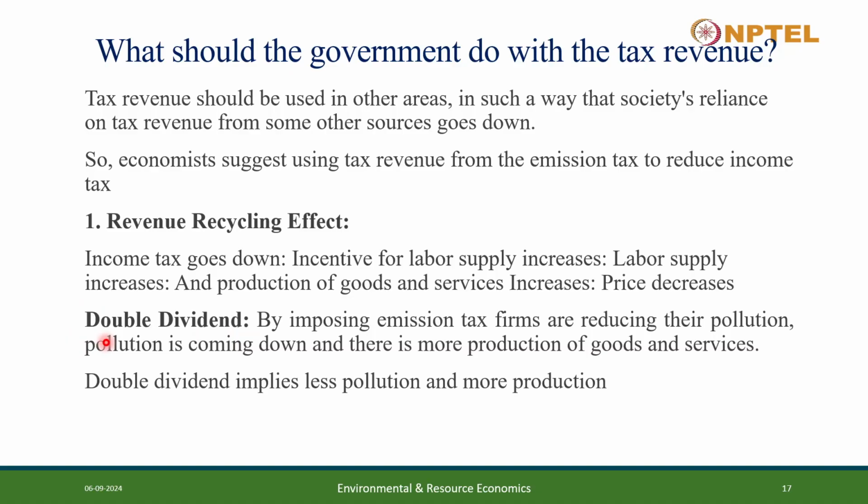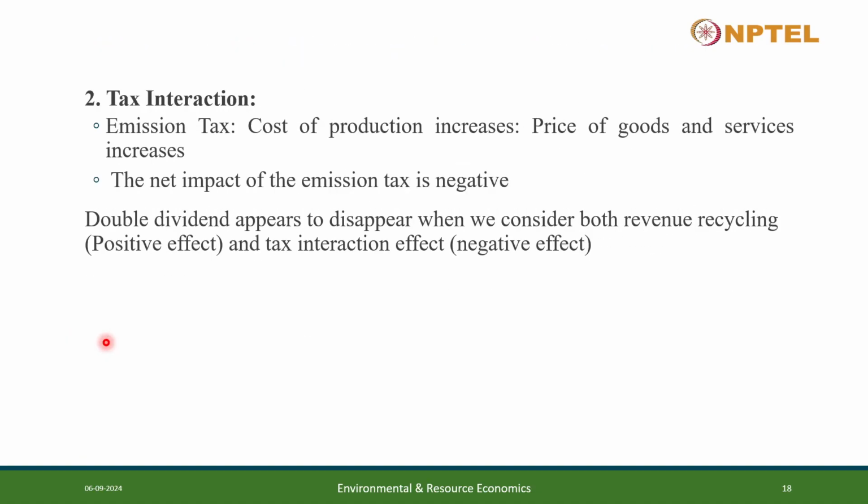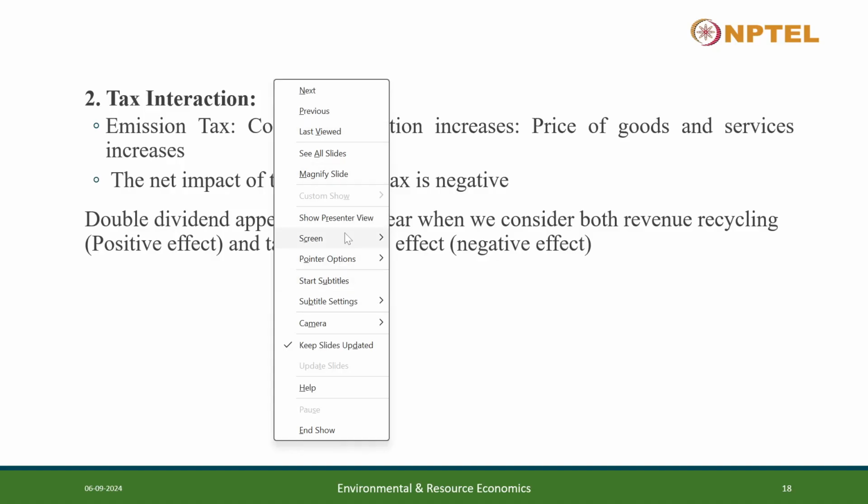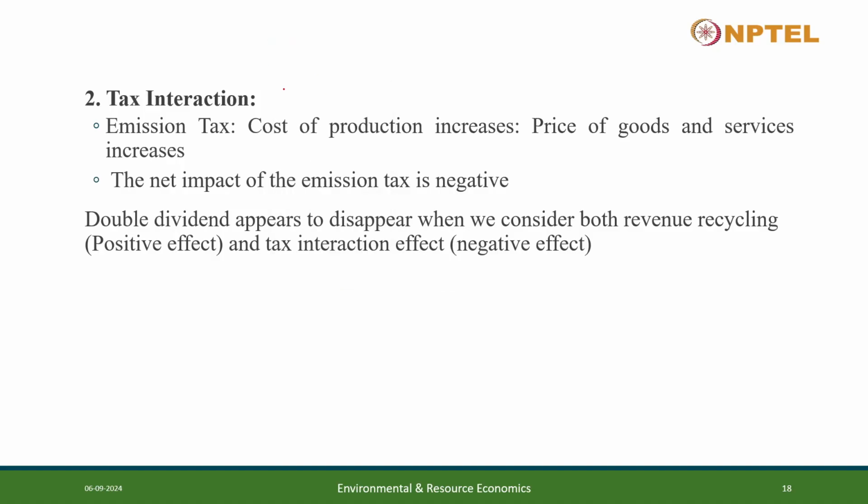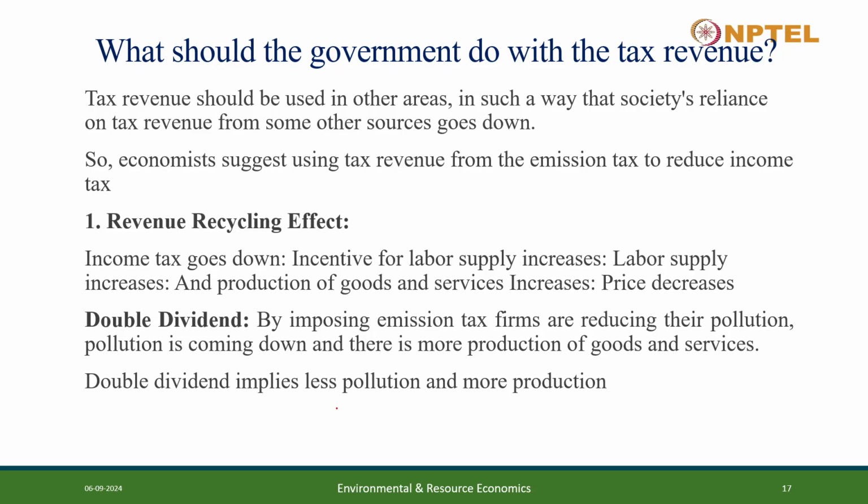However, there is a second effect, which is tax interaction. Let's say the emission tax is imposed on a firm, then the cost of production increases, so the price of goods and services increases. So the net impact of the emission tax is negative. The tax interaction will have a negative effect on the price of goods and services, and the revenue recycling effect will have a positive impact.